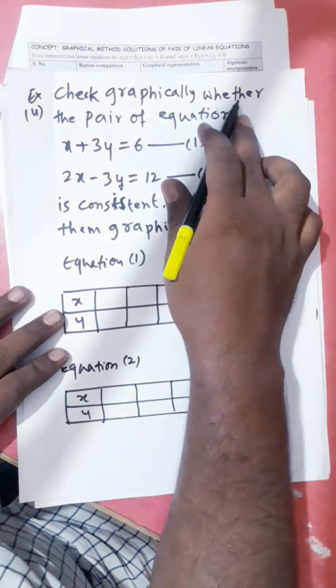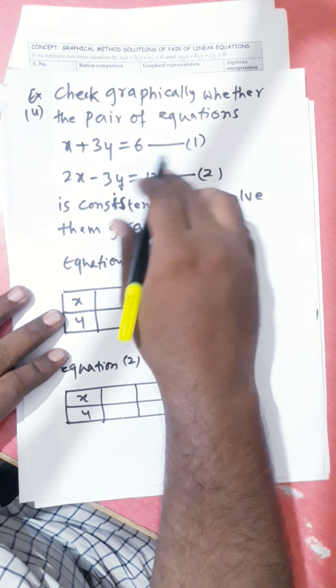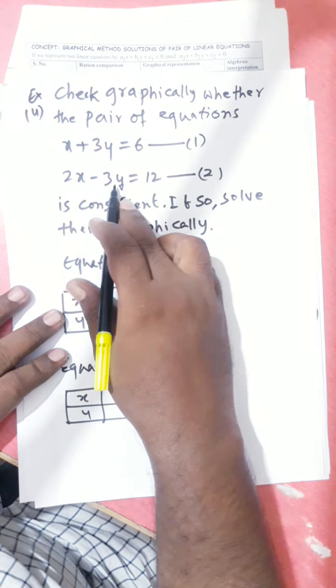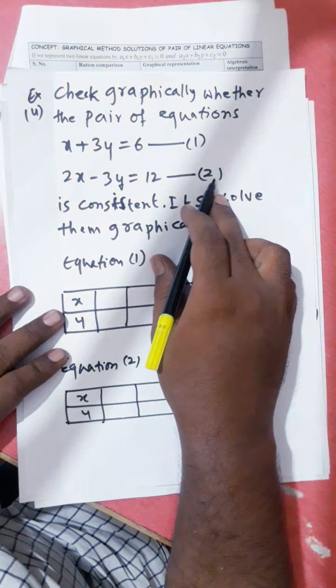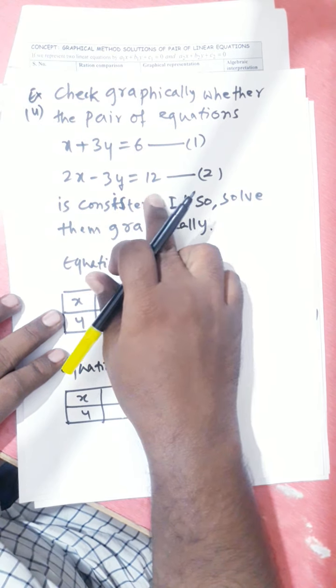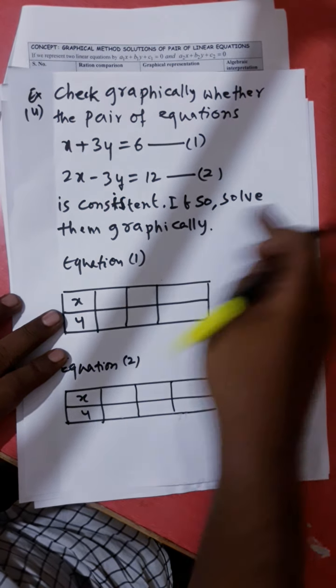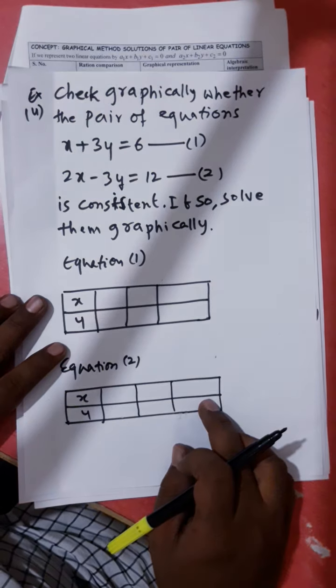Check graphically whether the pair of equations x plus 3y is equal to 6, 2x minus 3y is equal to 12 is consistent. Whether it is consistent or not, you check it first. If it is consistent, solve them graphically.